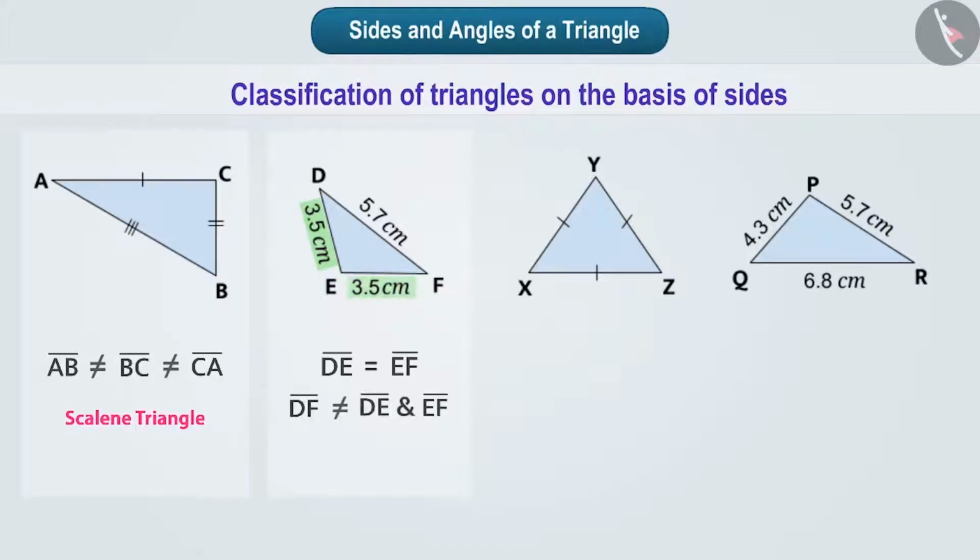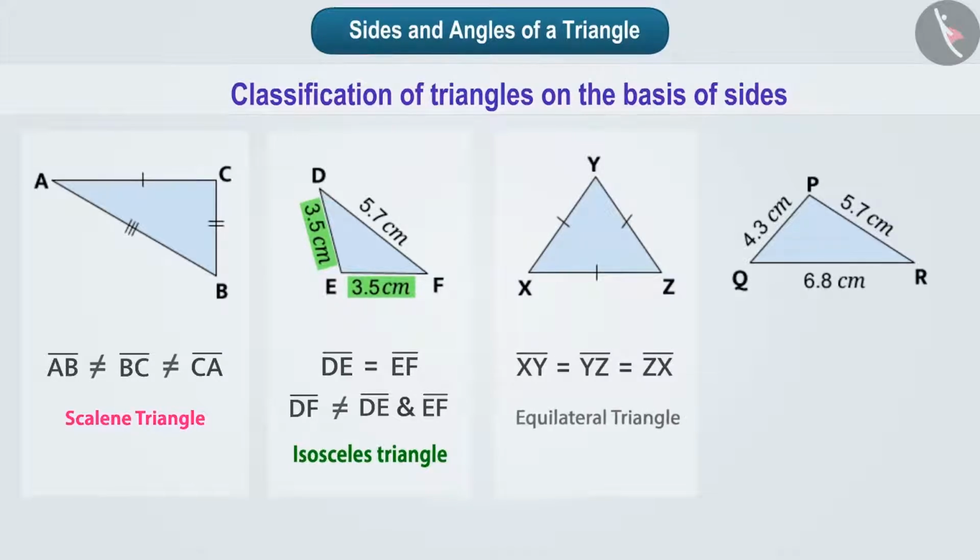Since only two sides of this triangle are equal, it is an isosceles triangle. Triangle XYZ has the same sign on all three sides, so we can say that its three sides are equal. Hence, it is called an equilateral triangle. In triangle PQR, the measurements of the three sides are not equal, so this triangle is a scalene triangle.